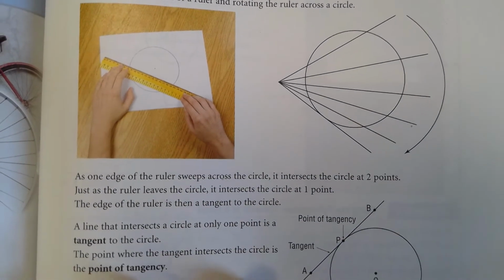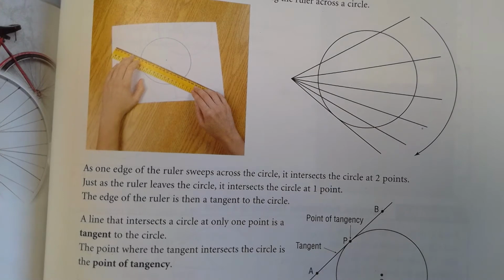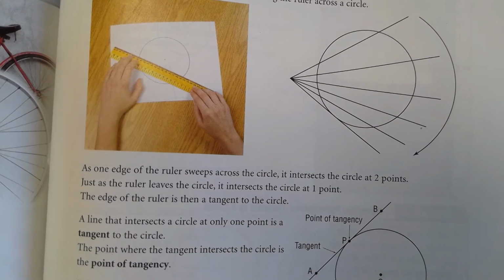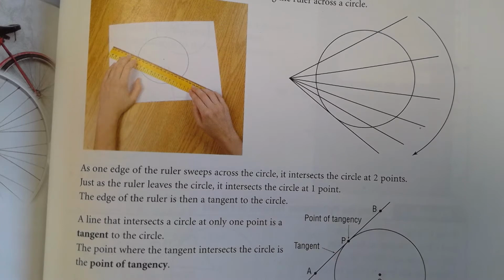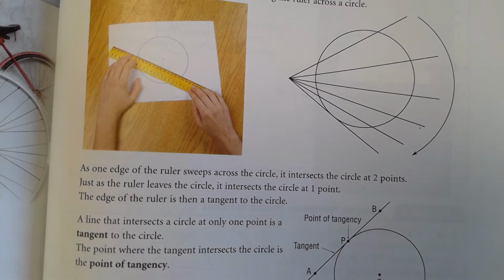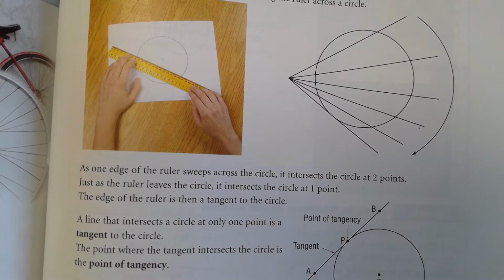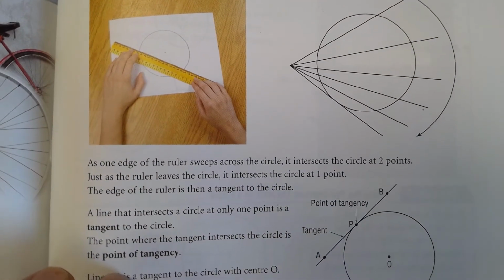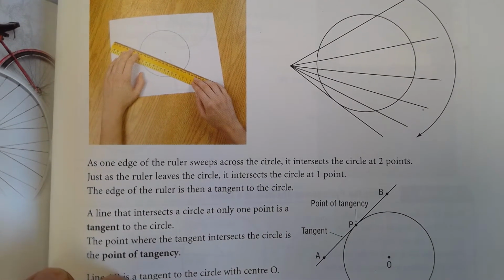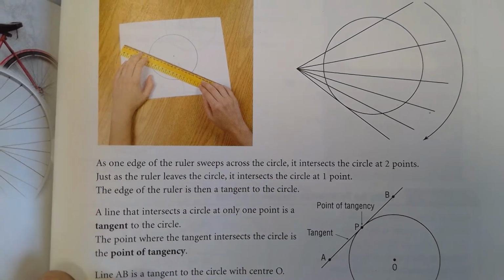As one edge of the ruler sweeps across the circle, it intersects the circle at 2 points. Just as the ruler leaves the circle, it intersects the circle at 1 point. The edge of the ruler is then tangent to the circle. So we have a whole bunch of points of tangency happening here.